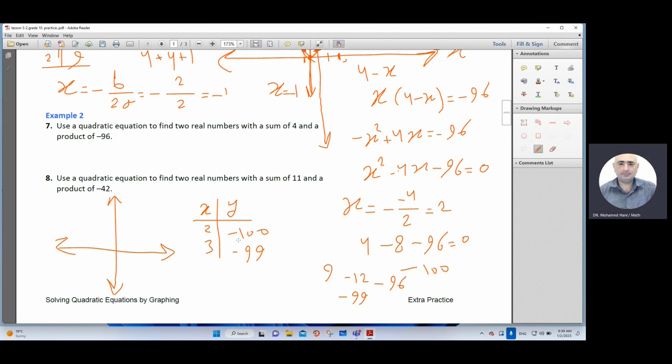The line of symmetry will be 2. This is here 1 and here 2. 2 in the x and negative 100 will be about here. And the 3 in the x will be here. So this is the graph.